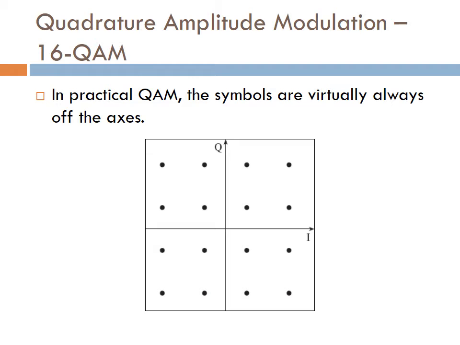In 16 QAM we have 16 symbols, so 2 to the power 4, and thus we have 4 bits per symbol. Since we have 16 combinations of 4 bits, each combination of 4 bits has a unique symbol that represents it.